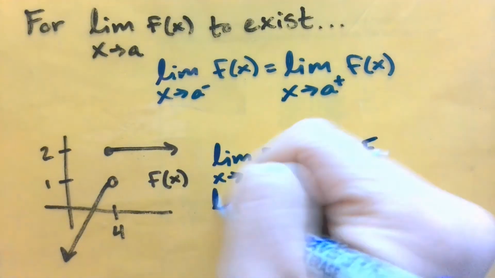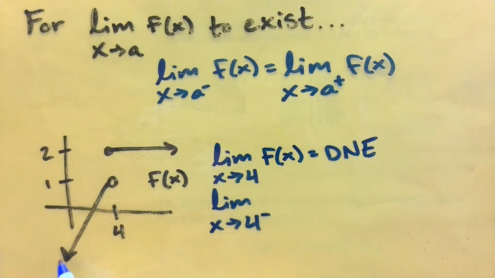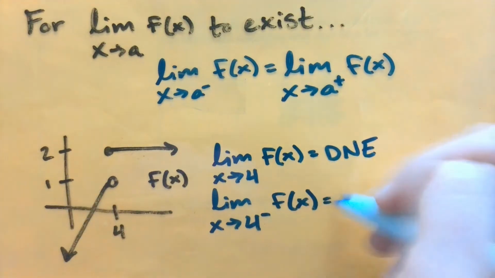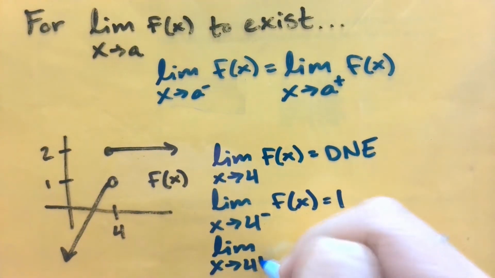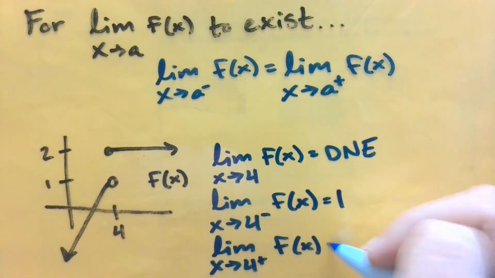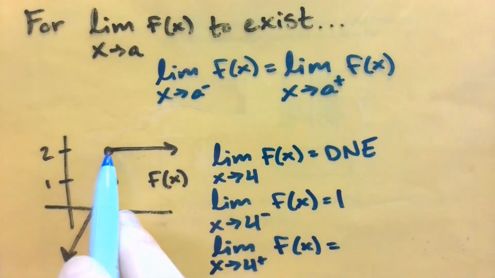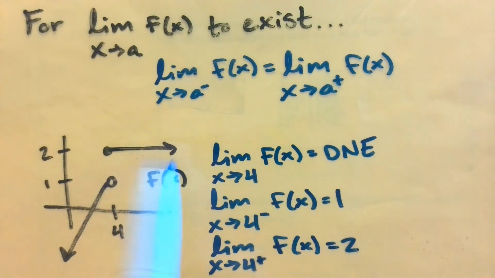And that is because the limit as x approaches 4 from the left, so as we get closer and closer to 4 from the left, our value approaches 1. But the limit as x approaches 4 from the right of f of x, so as we get closer and closer to 4 from the right, we get closer and closer to a value of 2. So this would be our reasoning, that because the limit from the left of 4 is 1 and the limit from the right of 4 is 2, our limit does not exist.